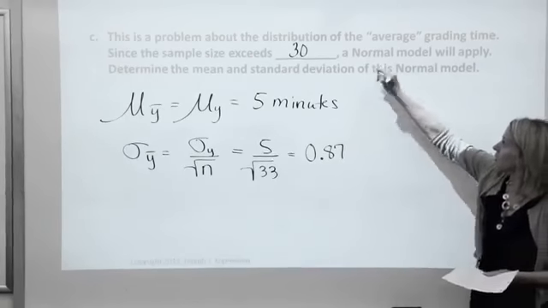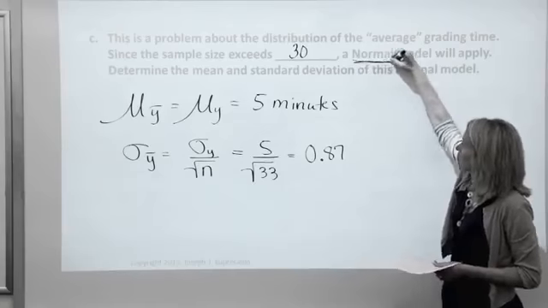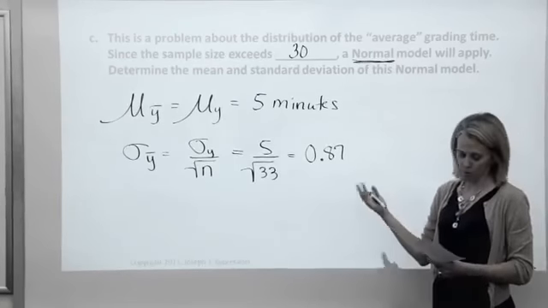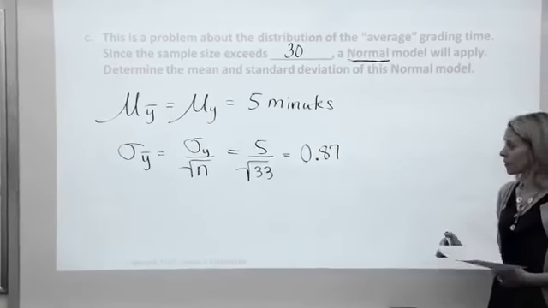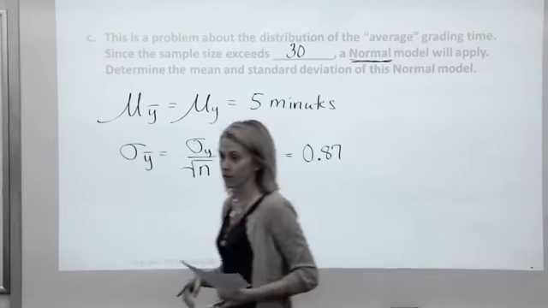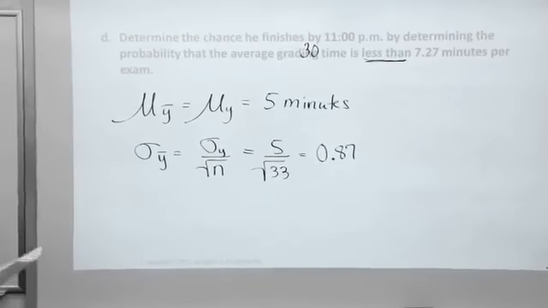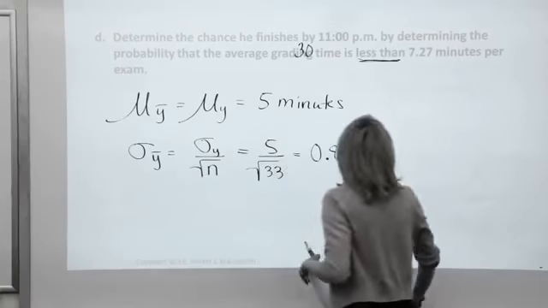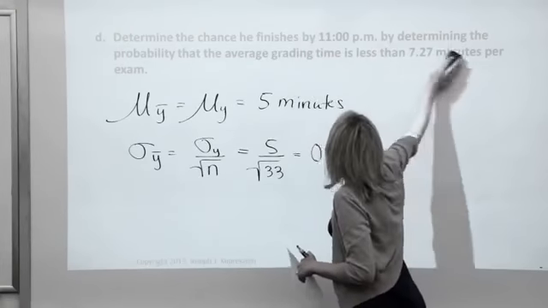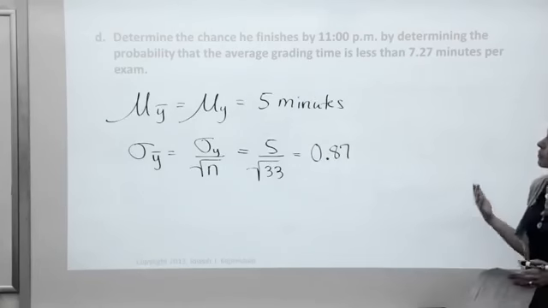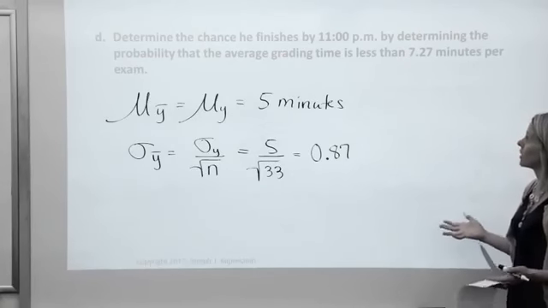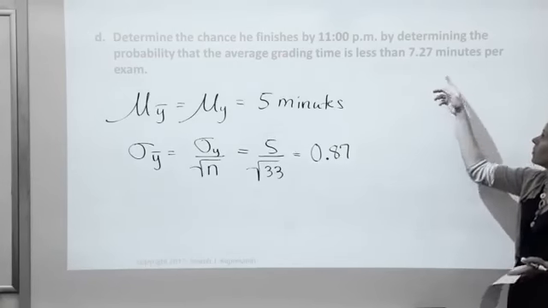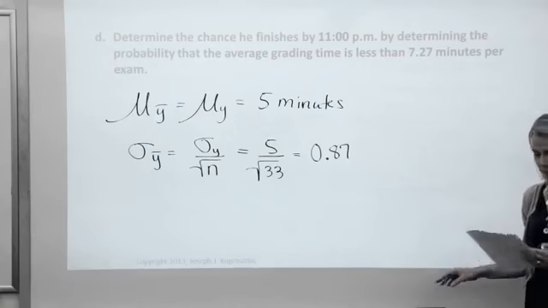And now we can use this along with the fact that these average times are going to follow a normal model, and we can do some problems with that. I think just one more part. So what's the chance that he finishes by 11 o'clock? So determine the chance he finishes by 11 o'clock by determining the probability that the average grading time is less than 7.27 minutes per exam.